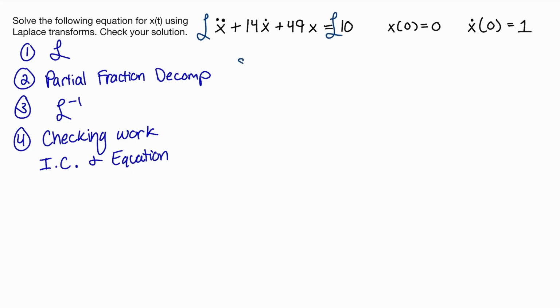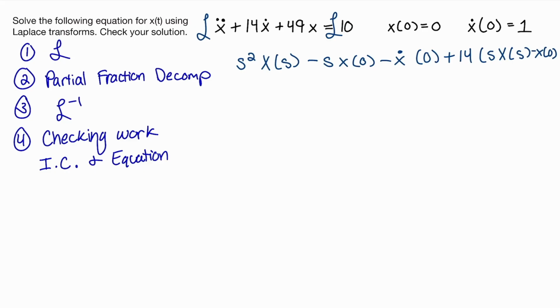So what we'll get is s squared X(s) minus s x(0) minus x dot(0) plus 14 s X(s) minus x(0) plus 49 X(s) equals 10 over s.